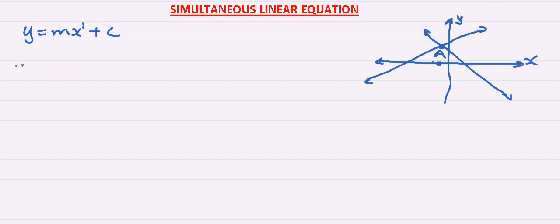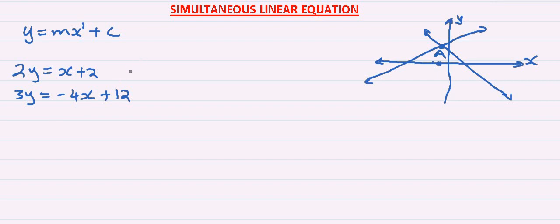So let's try to solve simultaneous equations. Let's say now we are given 2y equals x plus 2. The second equation is 3y equals negative 4x plus 12. The first thing that you must do when you solve simultaneous equations is label your equation.